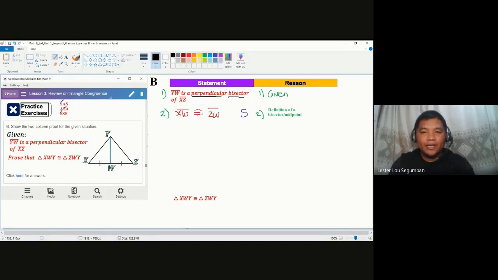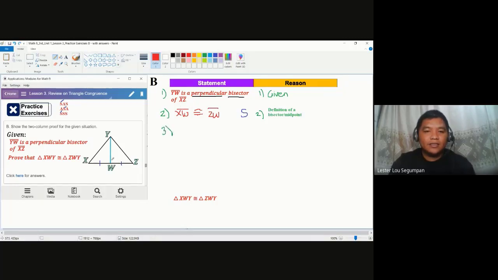How about perpendicular? When I talk about a perpendicular bisector, aside from dividing the given side, it also creates perpendicularity with the opposite side. When you think about perpendicularity, that gives us angles now, this is reason number 3.